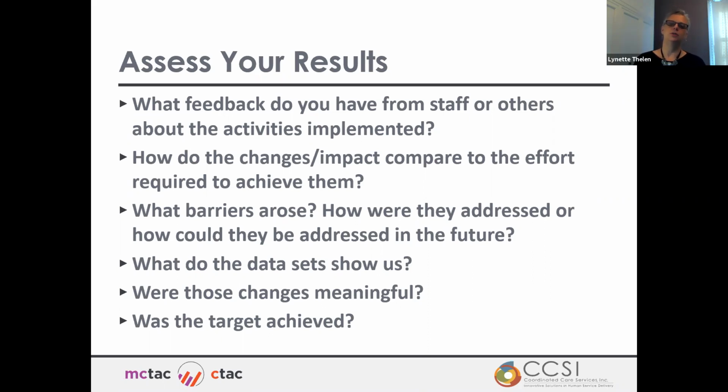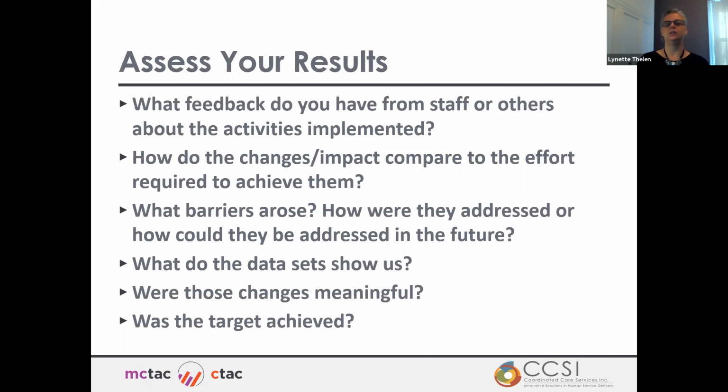How do those changes compare to the effort required to achieve them? We've had this discussion sometimes about data, right? So we know there might be some data that we want to get, but we realize it's a hugely manual effort, and it's sometimes worth the effort to get it. And sometimes we have to say, oh, it's not worth all that effort. And so you have to look at that with your changes. How resource intensive was the change? How much additional work and effort is it putting on people?